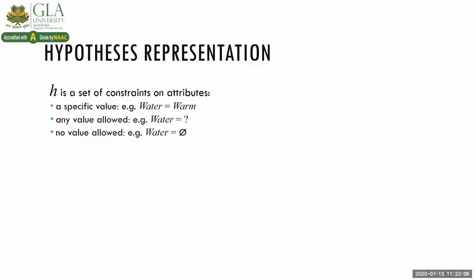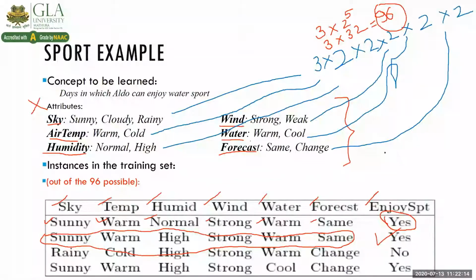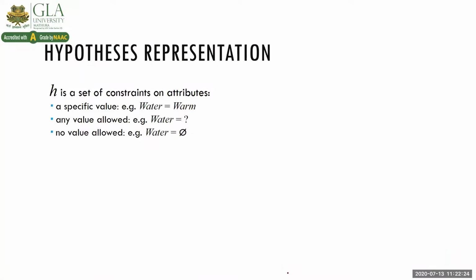A specific value is represented, that is water. Look at this. In the hypothesis, we have water, and water values are actually warm or cool, two values. So how do we represent a specific value? A specific value is represented by water equal to warm.